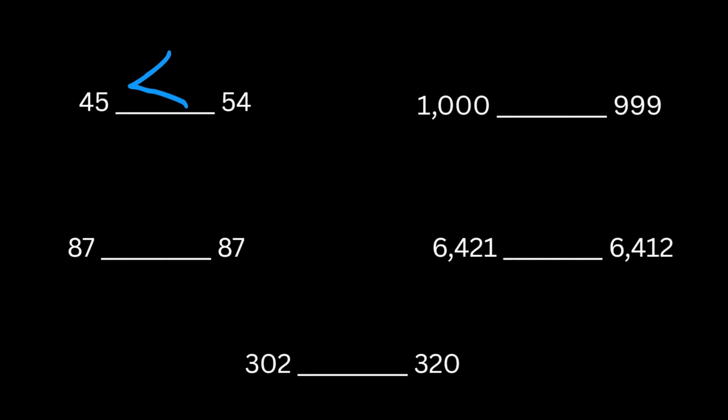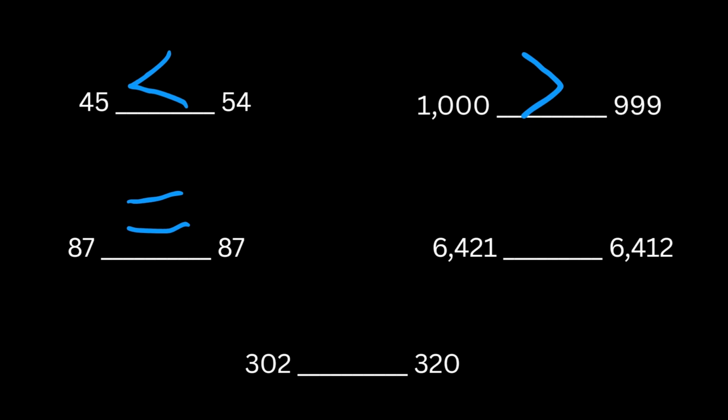So the more place values a number has, the bigger the number is. So 1,000 is greater than 999. For the next example, we have 87 and 87. Well, these two numbers are equal, so 87 is equal to 87.